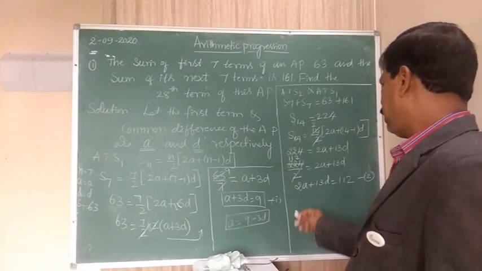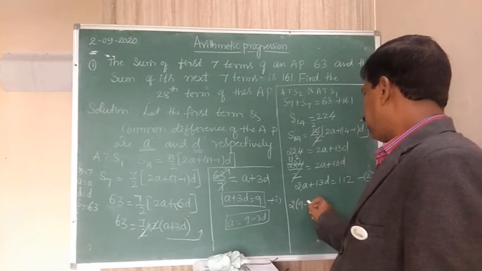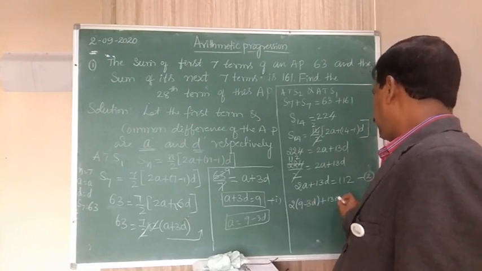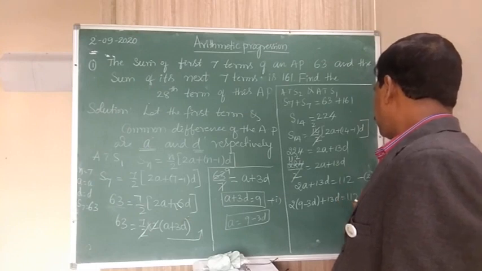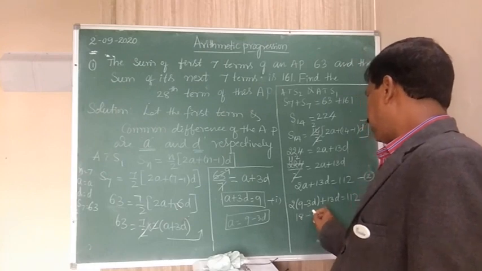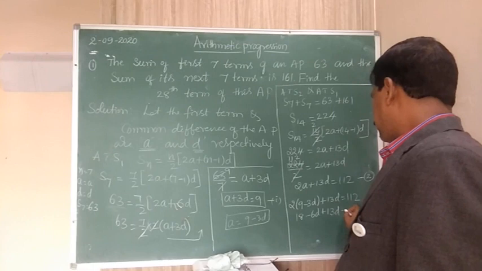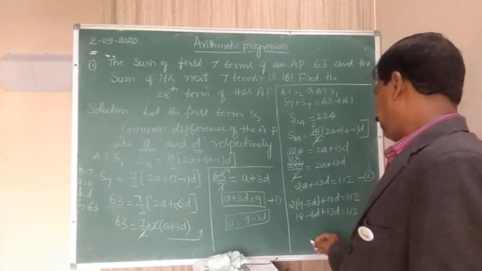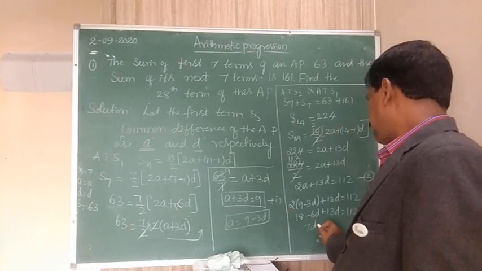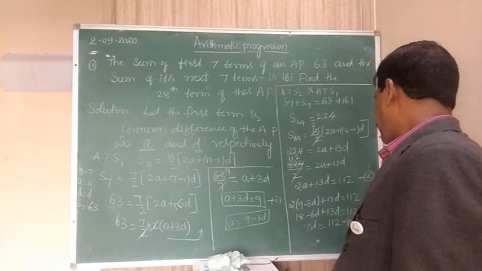Now substitute the A value: 9 minus 3D plus 13D is equal to 112. Now 2 nines are 18, minus 6D plus 13D is equal to 112. Now 13D minus 6D means 7D is equal to 112 minus 18.